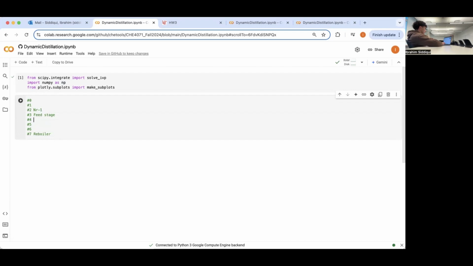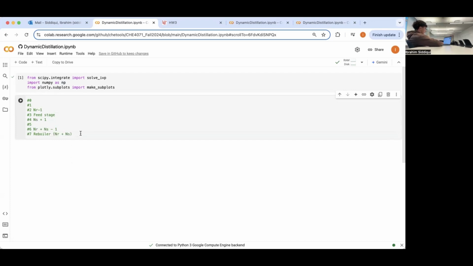This is where stripping comes into play, noted by NS plus 1. We have our fifth stage, our sixth stage, and this will be our rectifying plus stripping minus 1. Our reboiler is a combination of both, NR plus NS.